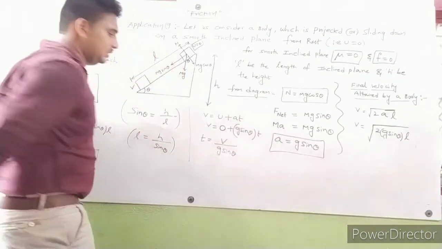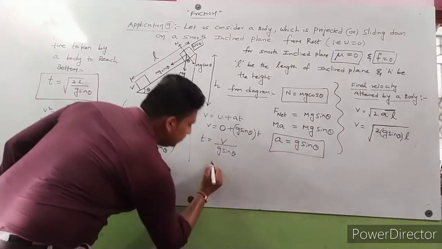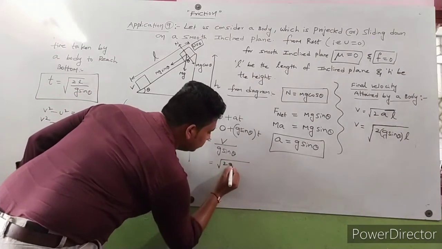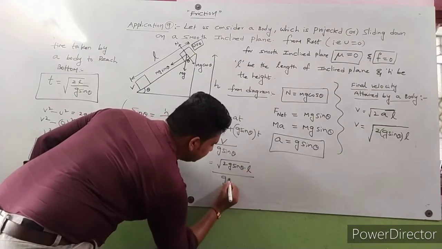V value you already know: the square root of 2 g sin theta into L, divided by g sin theta.